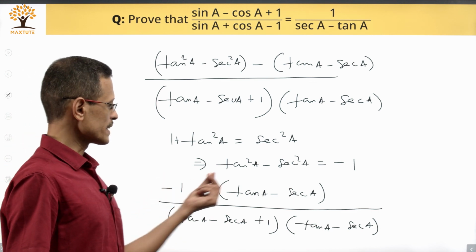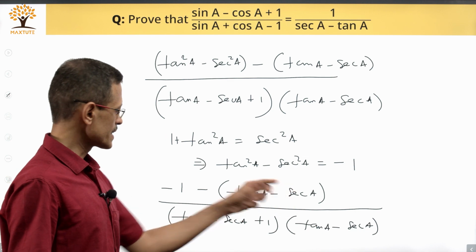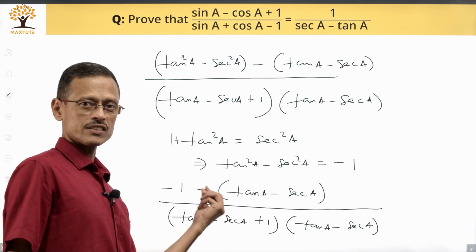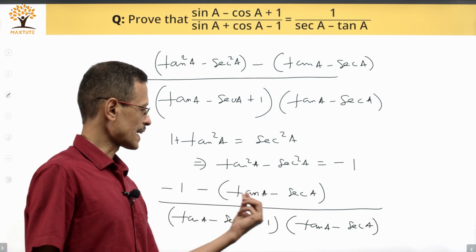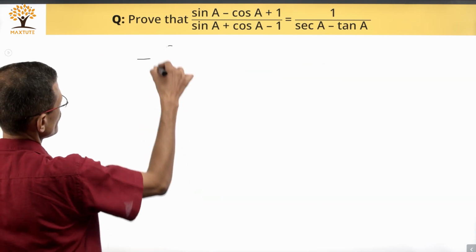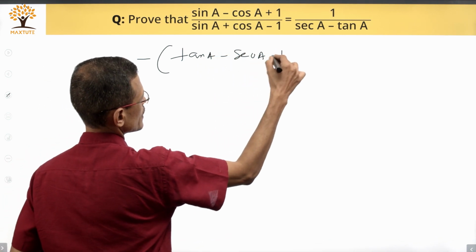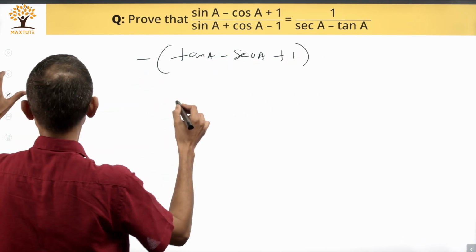Now, if we take this 1 inside the parenthesis, we will have a minus of tan A minus secant A. The minus 1 goes inside the parenthesis, which has a minus outside. So, it is going to be tan A minus secant A plus 1. So, the numerator is going to be minus of tan A minus secant A plus 1, and then what else do we have?